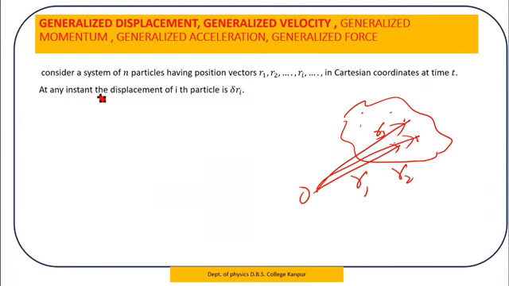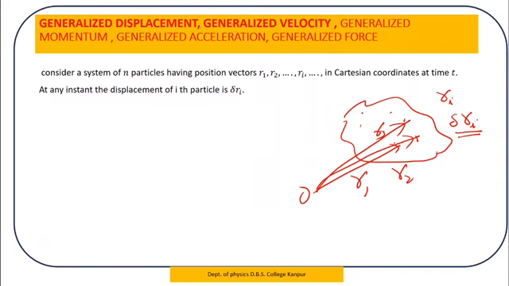The position vector of the ith particle is ri, and its displacement at any time t is delta ri.